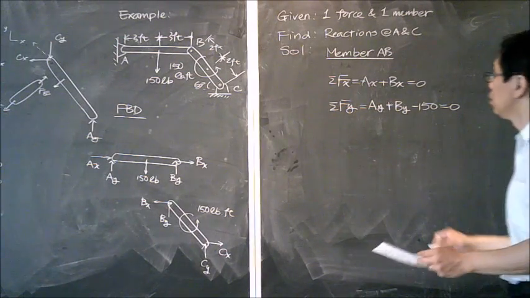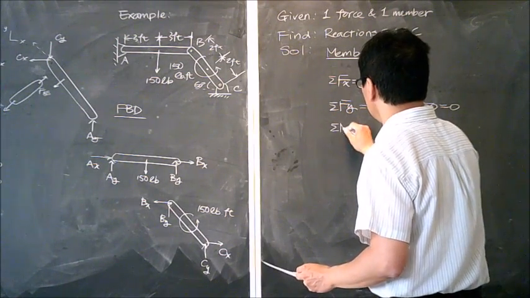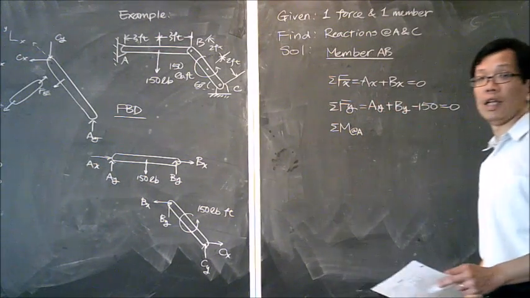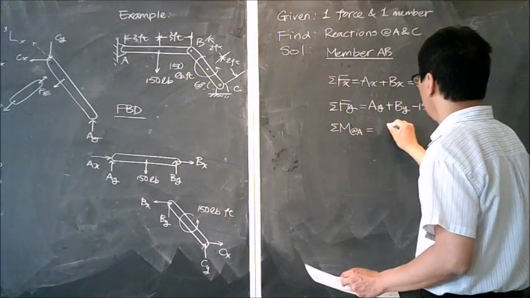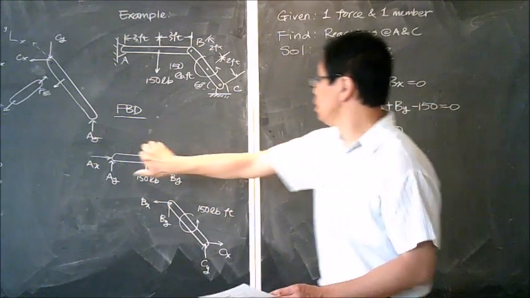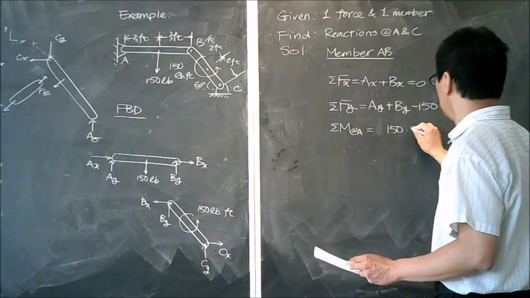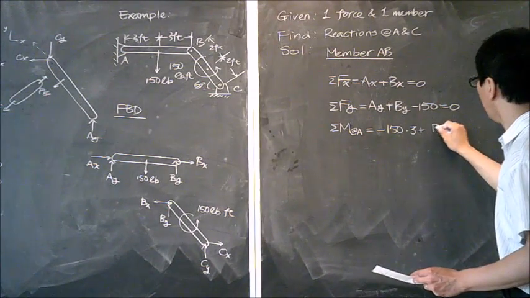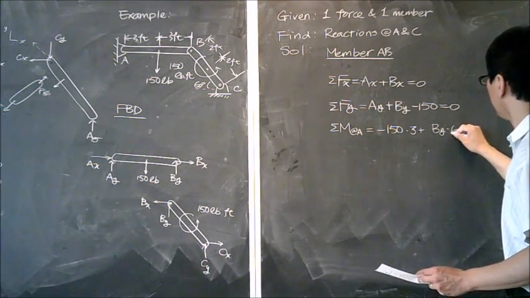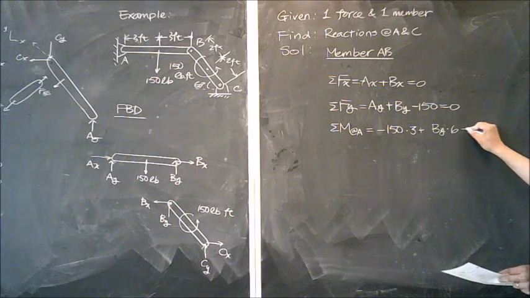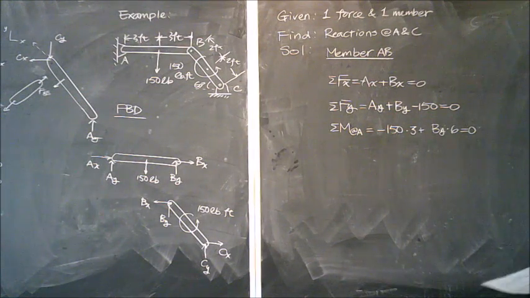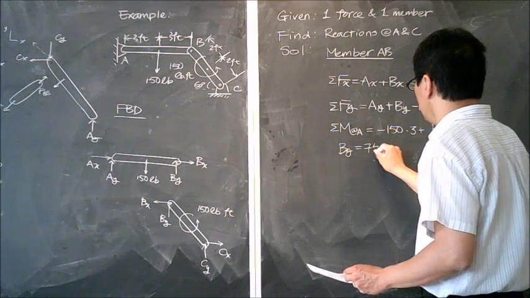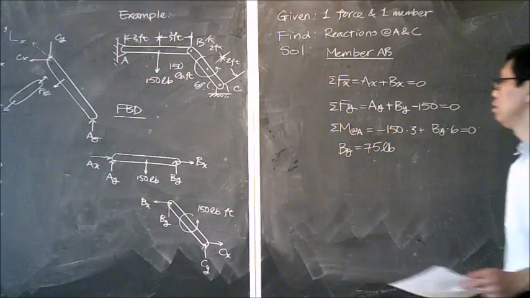Then the next thing I would like to do is one more equation. Let's do that at A. So I have 150 multiplied by 3, which is negative, plus By multiplied by 6 equals 0, which makes By equals 75 pounds upwards.